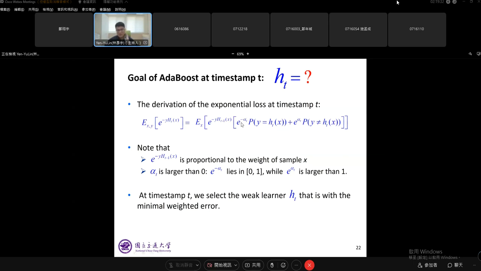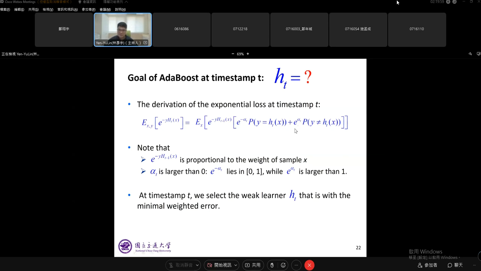Our goal is to minimize the exponential loss, so we select a weak learner such that this probability can be maximized, because this value is less than this one.